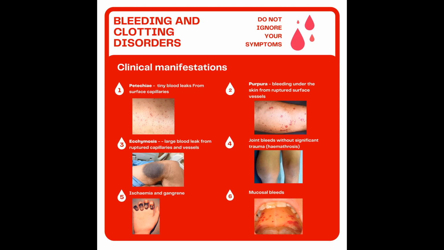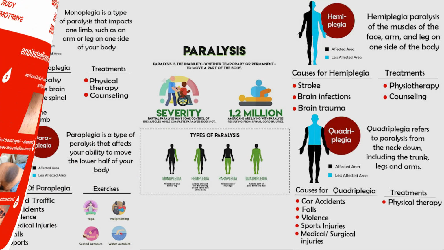Patients should not ignore signs like petechiae, purpura, bruises, oral mucosal bleeding, and dark colored urine, and should consult a doctor to get diagnosed if they have a bleeding or clotting disorder. Therefore, this poster is designed as a public awareness poster including clinical manifestations of bleeding and clotting disorders.